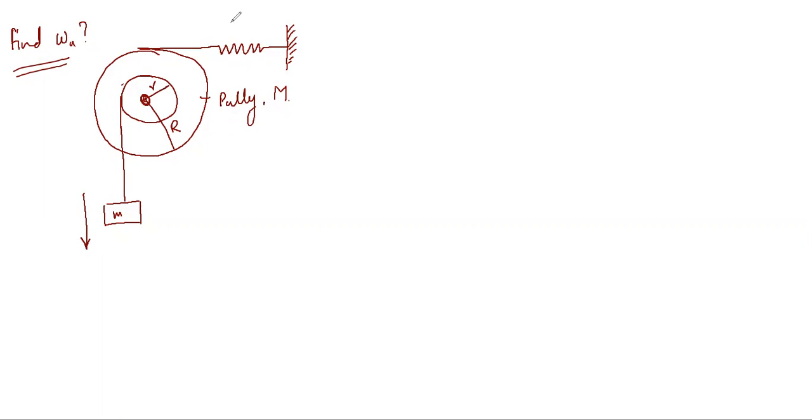Remember, this is a pulley, and the pulley is also having a mass. So if you are going to apply the energy method, then the pulley is having rotational kinetic energy, and this mass is having translational kinetic energy, right?